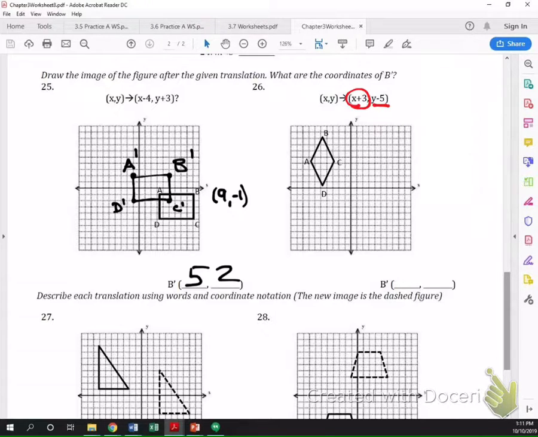So I'm going to go right 3. 1, 2, 3, down 5. 1, 2, 3, 4.